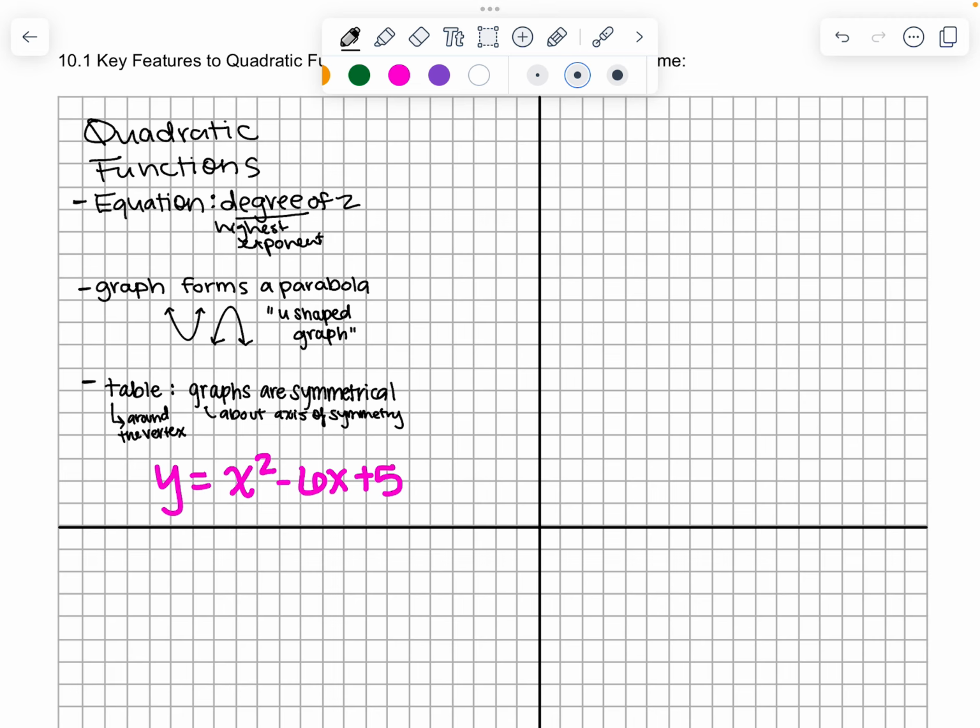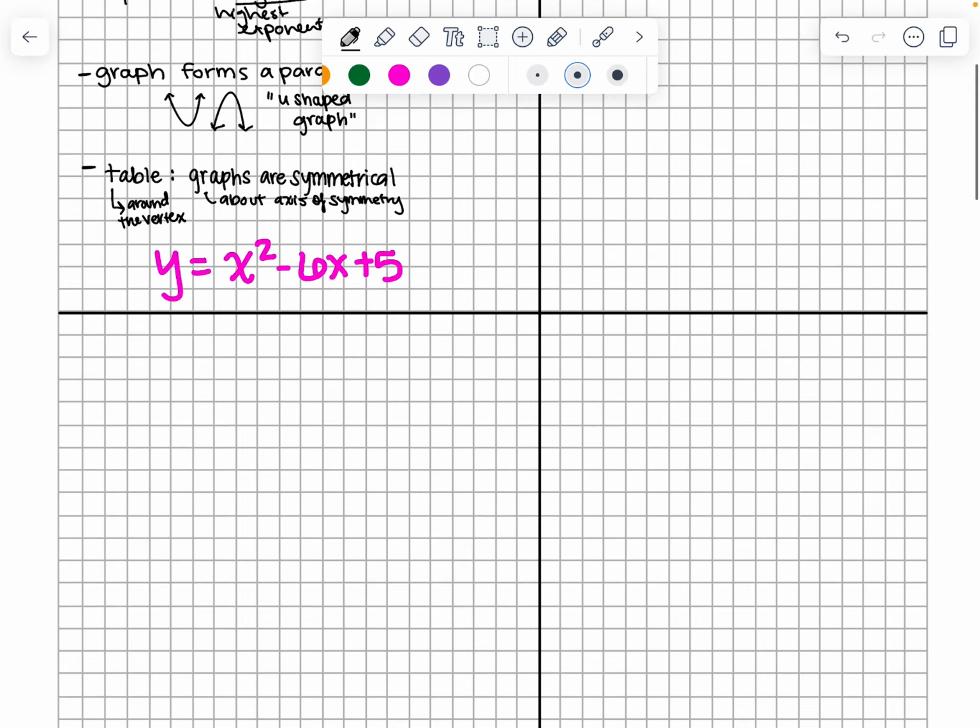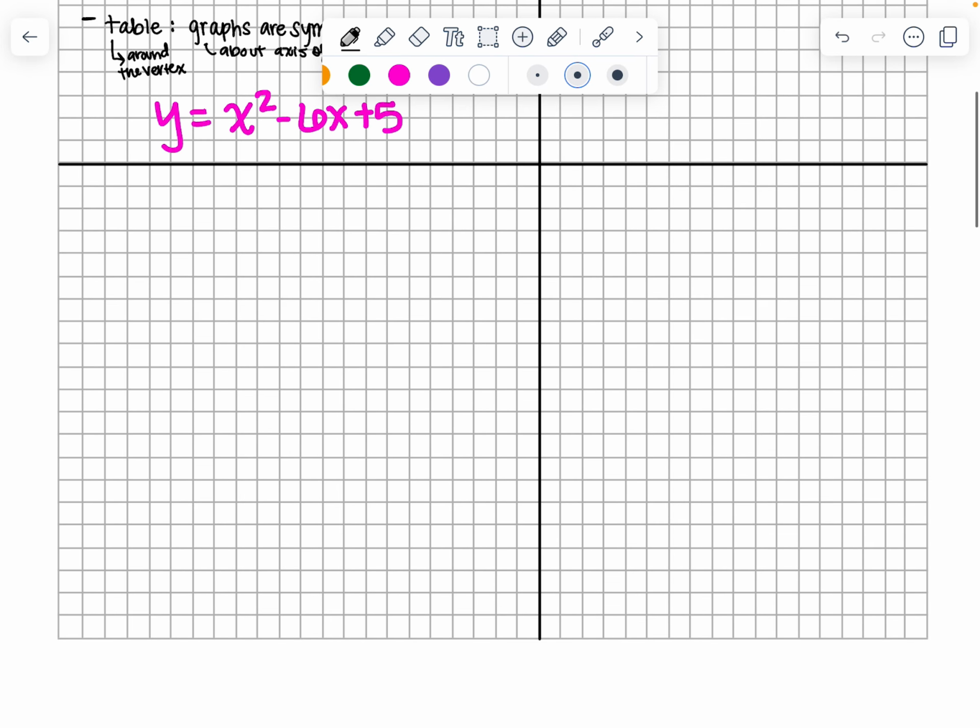Now, in order to plot points, this isn't a line, so I can't say the y-intercept is, the slope is. There is no slope because it is not straight. It does not have a constant rate of change. So instead, we need to create a table. If you come down here to the bottom, you can use the white space at the bottom of your page or the bottom corner of this graph, either way.